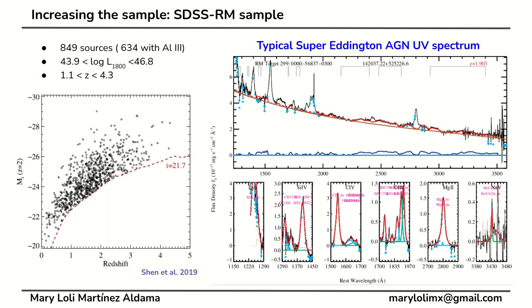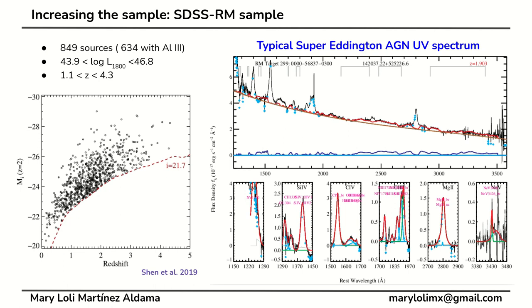For this analysis, we propose to use the SDSS reverberation mapping sample. And why do we propose to use this sample? Well, basically because this sample is constantly monitored, so first we can analyze different properties of the AGN, how the broad components are changing, but also how the continuum is changing.